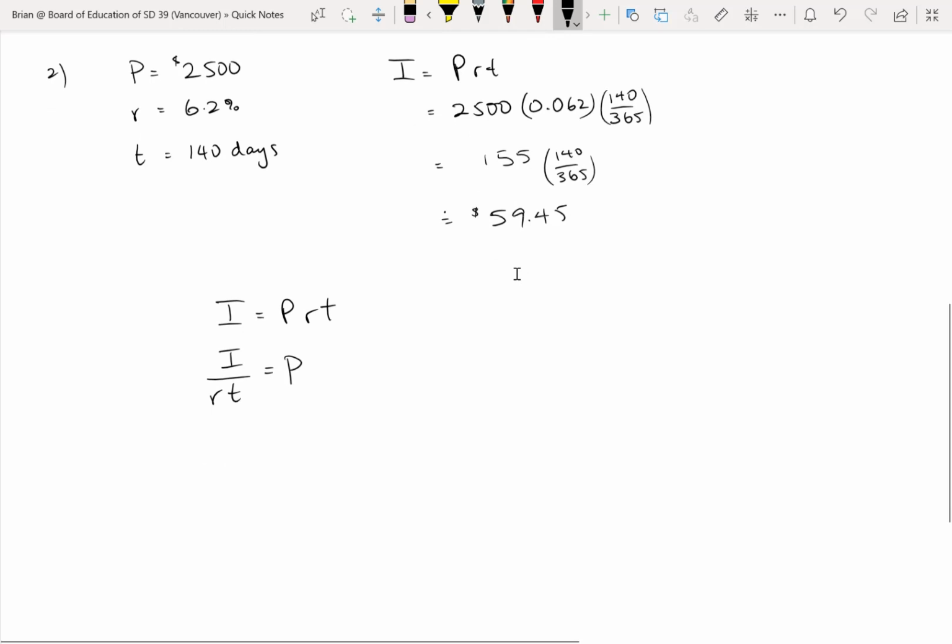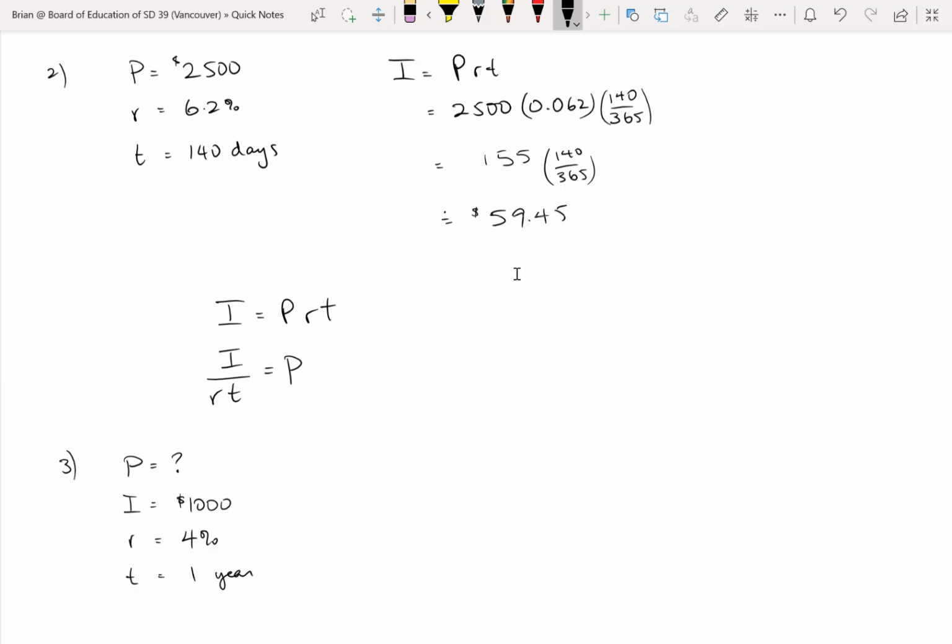All right, so let's say for example 3, let's say we want to know how much principal do we need to invest in order to get an interest payment of $1,000 given an interest rate of 4%, and we'll make life easy and just say 1 year.